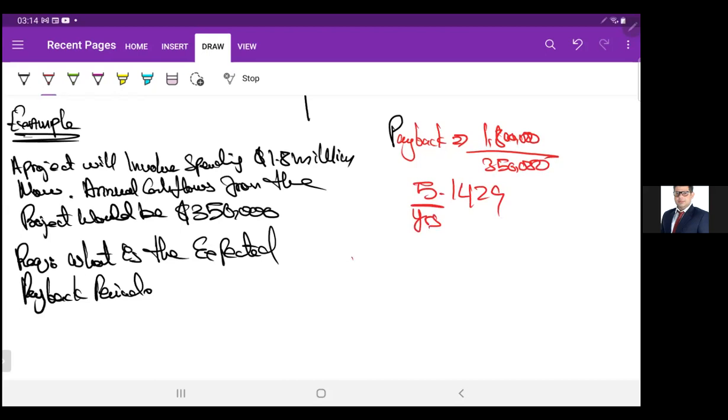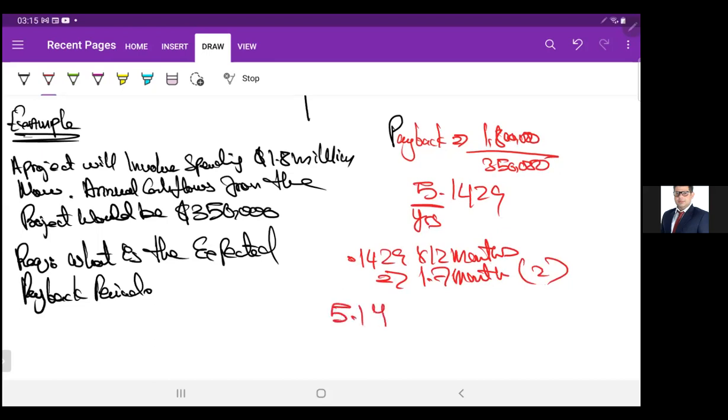Now for this 0.1429 multiplied by 12 months, we will get 1.7 months. We will round it off to 2, right? Therefore the answer can be stated as either 5.1 years, or you can say 5 years, 2 months, assuming cash flows occur evenly throughout the year.